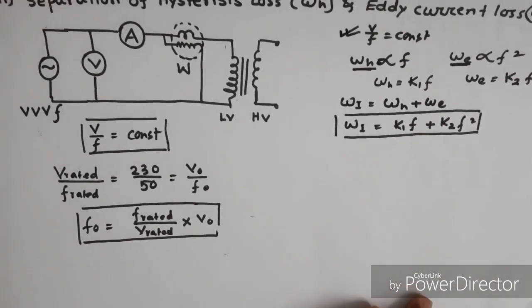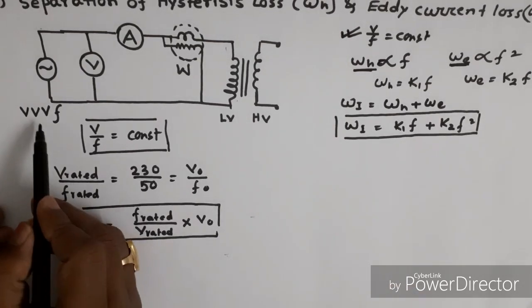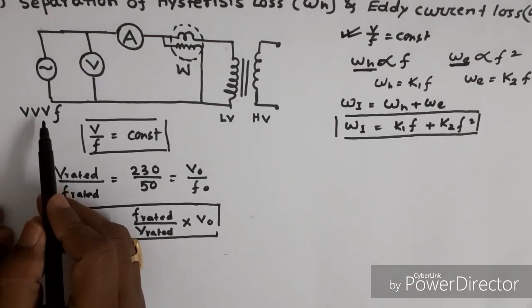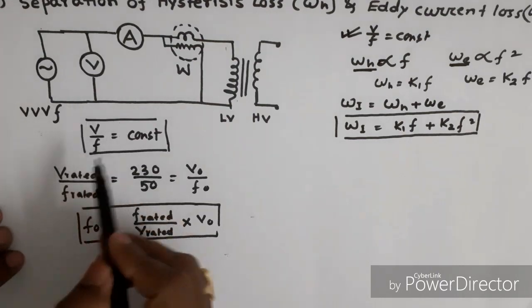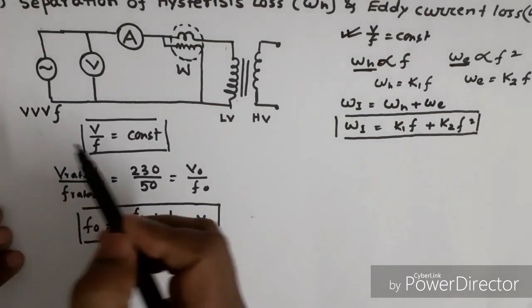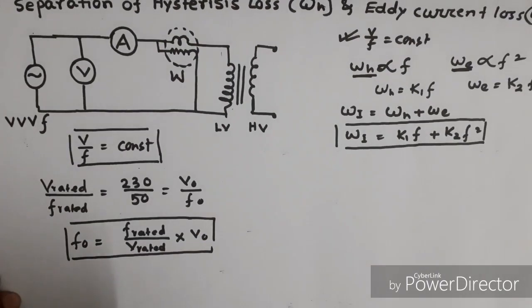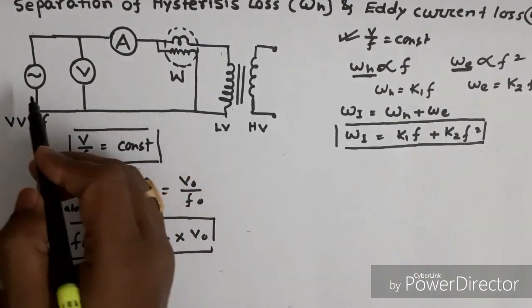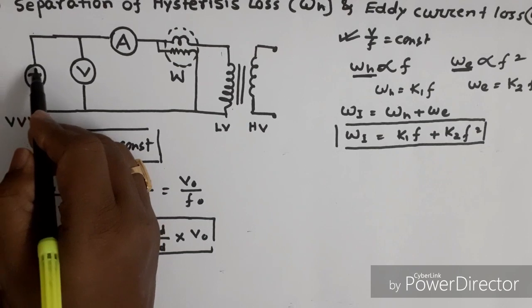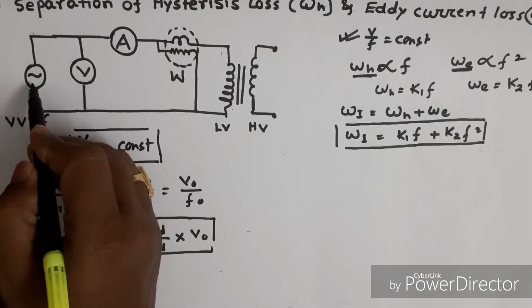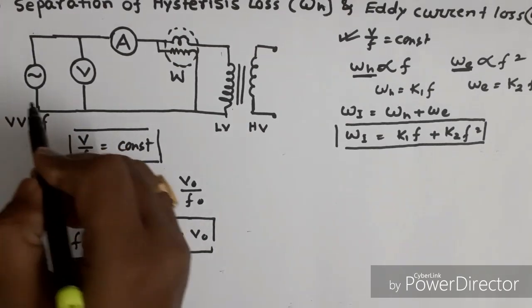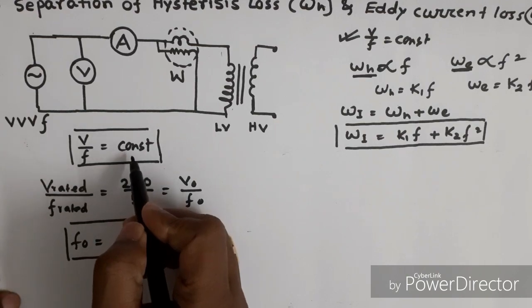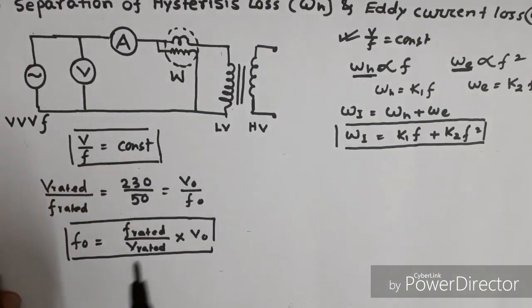Now, by varying the voltage and frequency, the point is clear from this test. The voltage and frequency of this voltage source is so varied that V by F is always maintained constant.